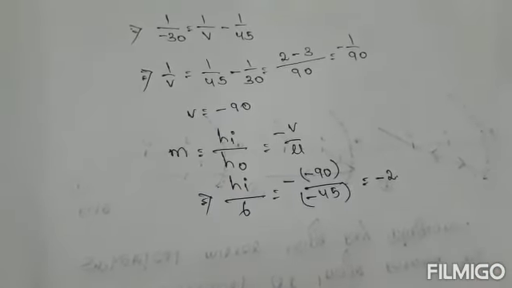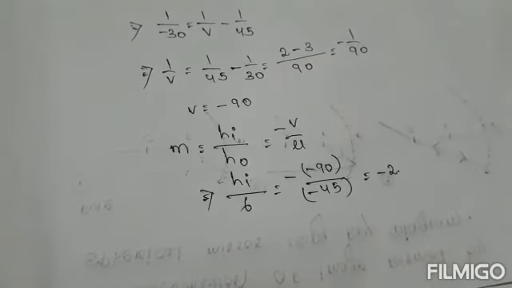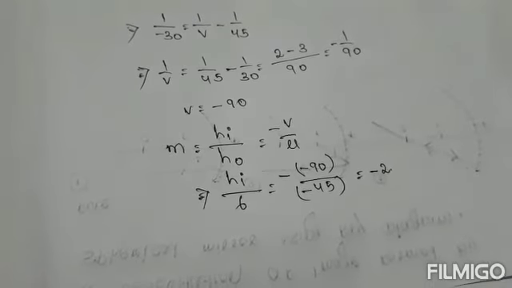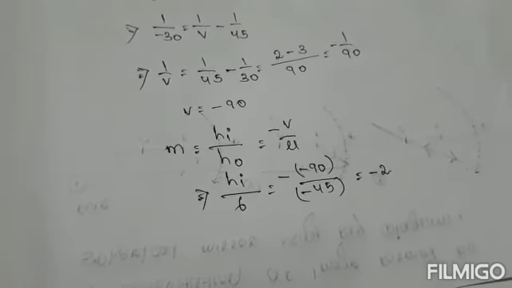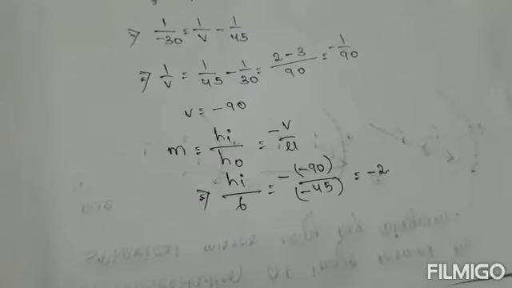Here magnification is minus 2, means height of the image is 2 times of the height of the object, and minus sign denotes the image is inverted image. That means image is real image. That means image is formed due to real meeting of reflected rays.